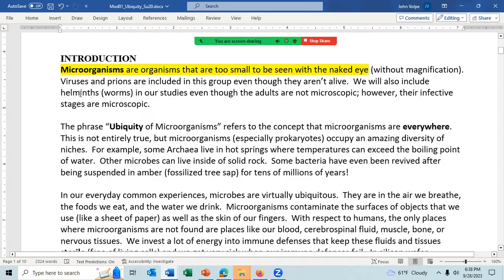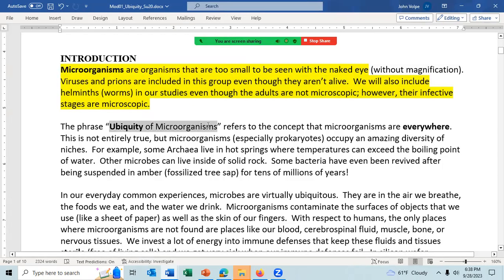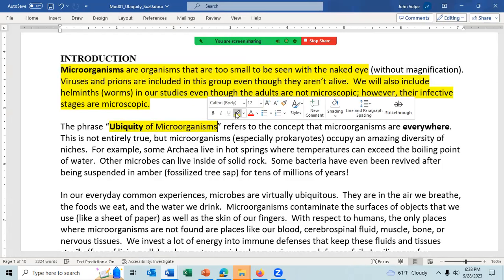The phrase ubiquity of microorganisms refers to the fact that microorganisms are essentially everywhere. It's not entirely true. You can find areas on the planet that don't have microbes, but that would be really extreme, like lava, something like that.